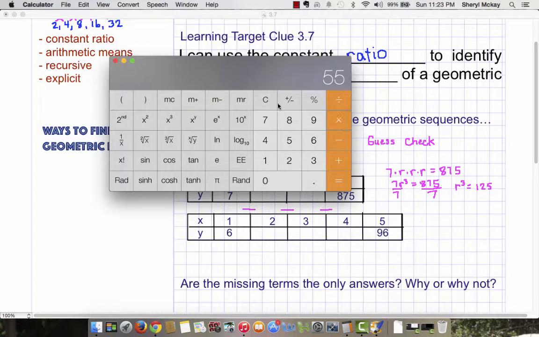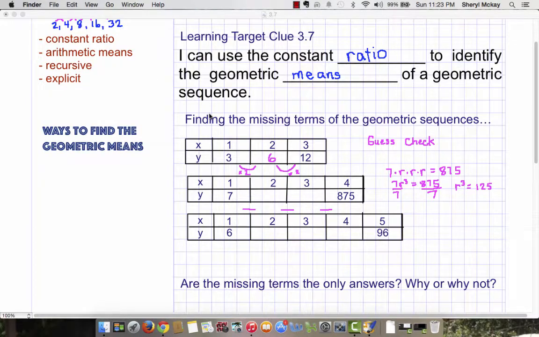Oops, always helps if I do this right. 5 times 5 equals 125. Now I wonder why it was doing that to me. What if I did 125 and I did the cube root of it? Still gives me 4.999. When I round it, it's 5. Not sure why it's doing that.